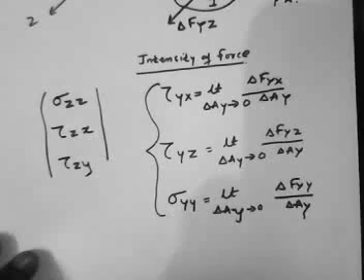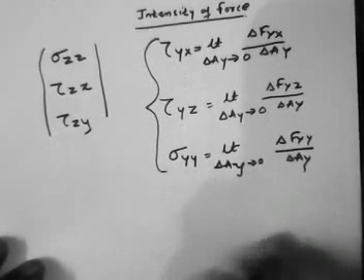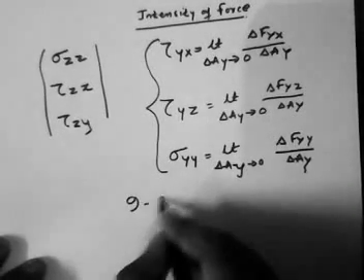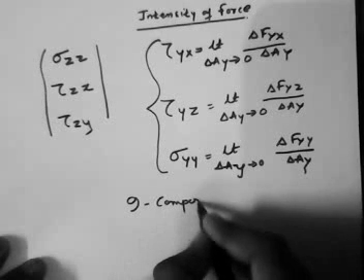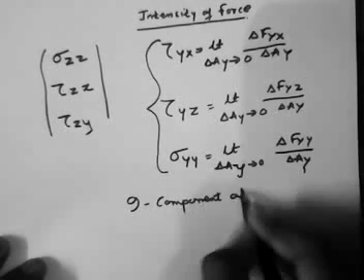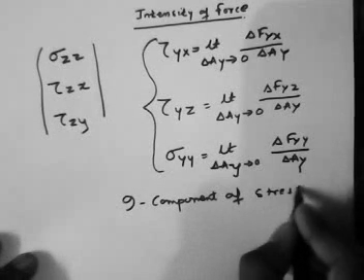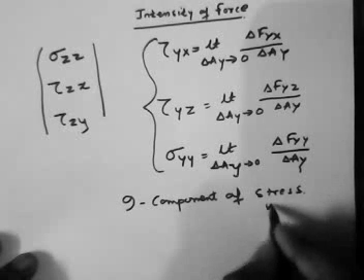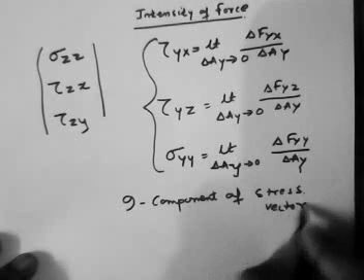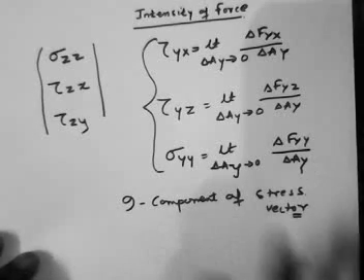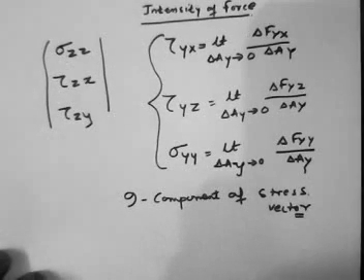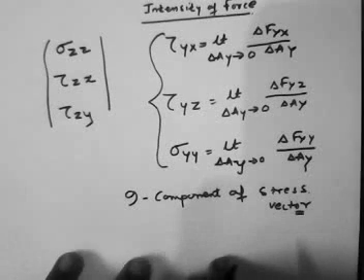These are the 3 components when we cut the plane perpendicular to the z-axis. This is the component that we get when we cut the plane perpendicular to the y-axis. So in total we are getting 9 components of the stress vector.